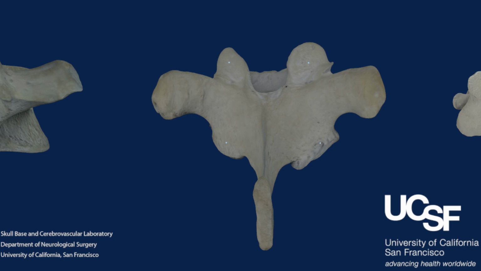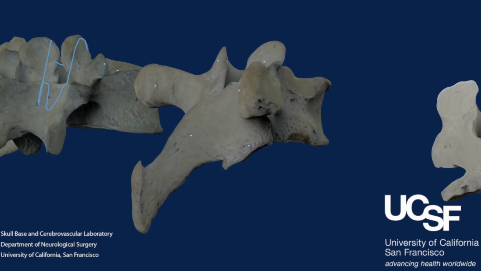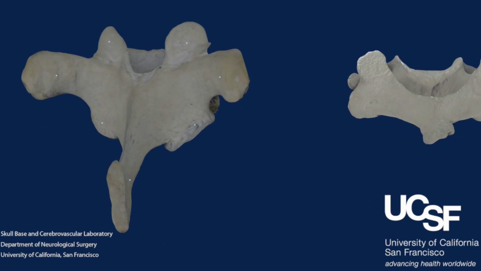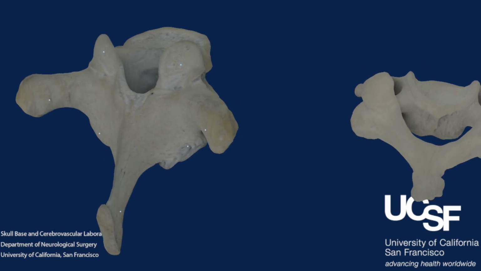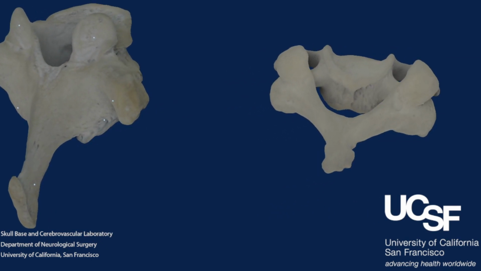And laterally, we're going to see 2 transverse processes. If we move posteriorly, we can see the 7th process, which is the spinous process. These processes are going to be connected by 2 laminae.